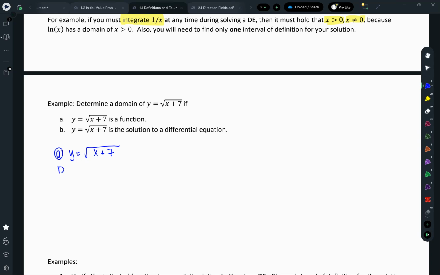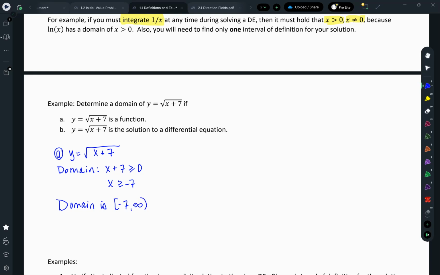So for my domain here, I start off with writing the inequality x plus 7 must be greater than or equal to 0, and I solve that. So x is greater than or equal to negative 7, and then I could write my domain in interval notation from negative 7 up to infinity, including the negative 7, okay?